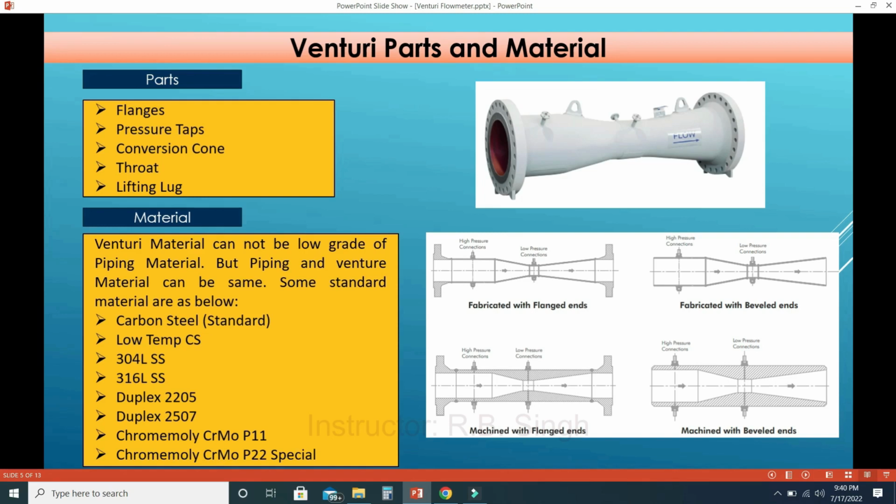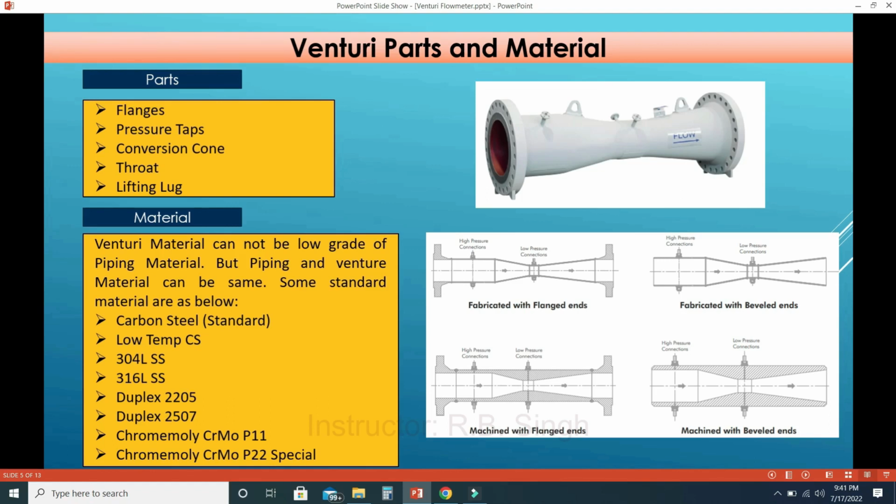Basically a Venturi is a special type of pipe, so for its material we can use the PMS. Our Venturi meter material can be the same as the piping material but not a lower grade than the piping material. So in that particular pipeline, to choose a material for the Venturi meter, we can follow the PMS, that is, piping material specifications.